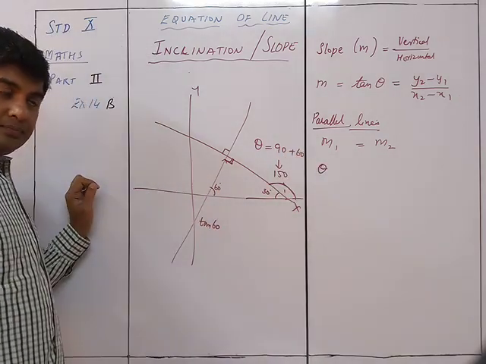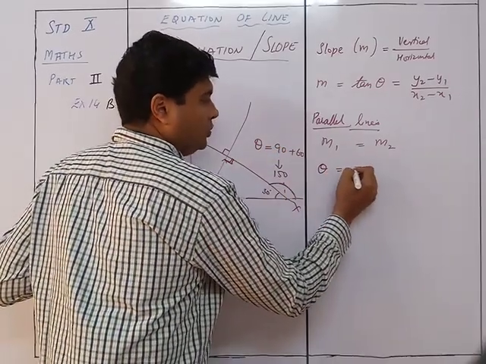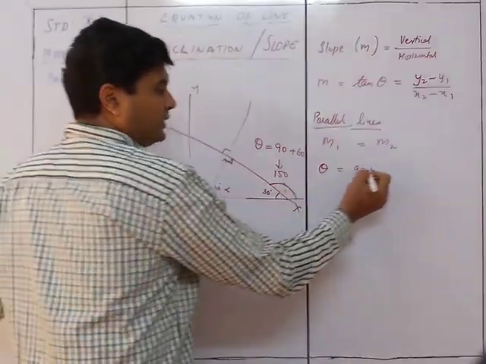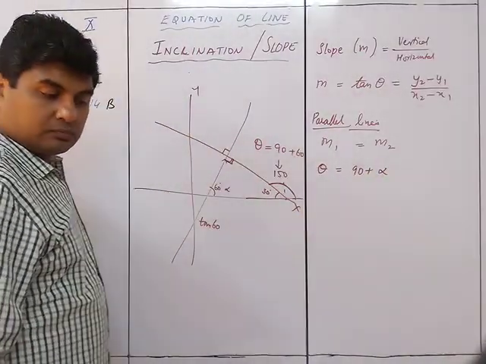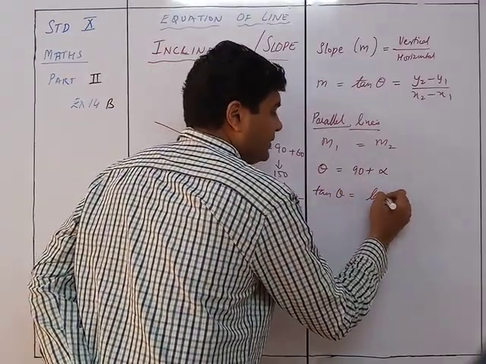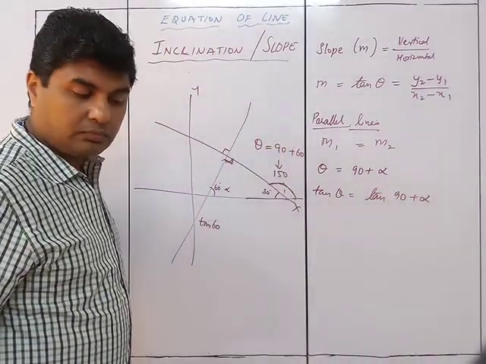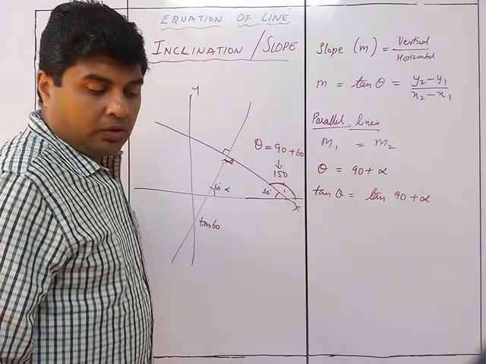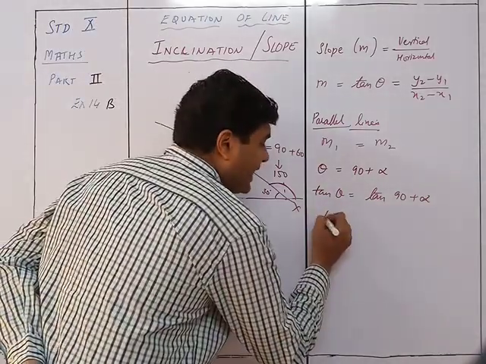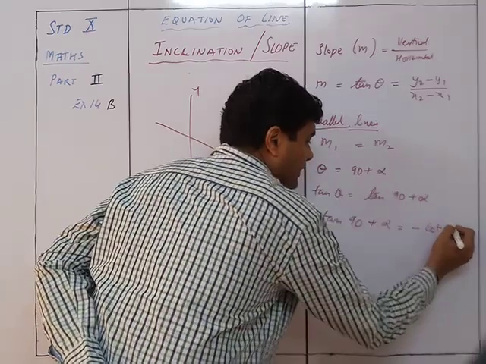This was 60, or we can call it alpha. So tan theta is equal to tan of 90 plus alpha. There is one particular rule: tan of 90 plus alpha is equal to minus cot alpha.